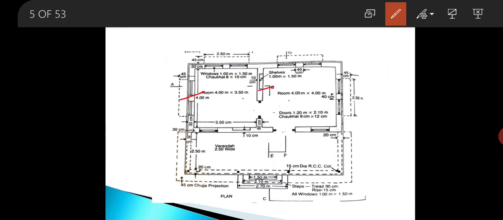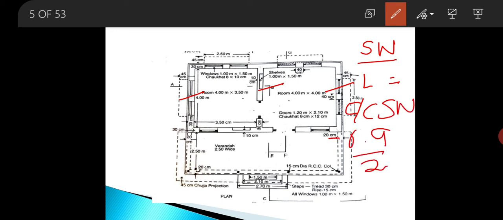So these three are the short wall of the room. So the length of the cement concrete work in foundation along short wall will be equal to center to center length of the short wall minus half of the width of the foundation from both the sides.